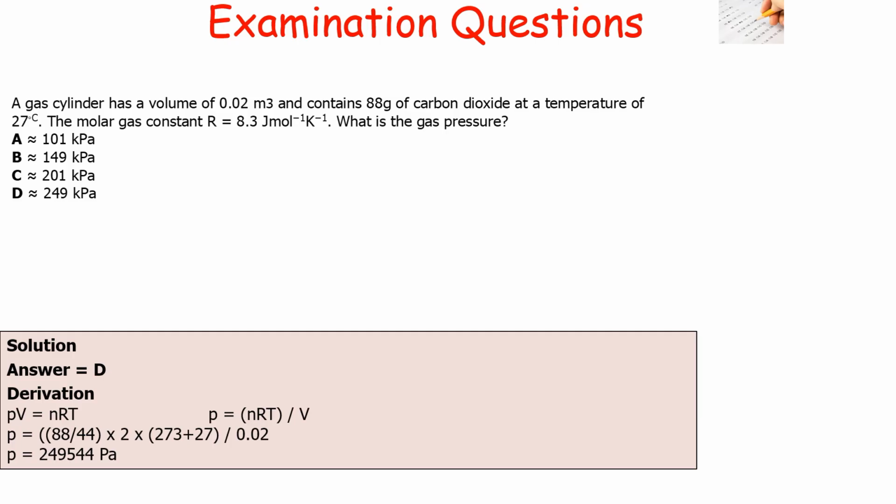We can then also work out what our value of n, the number of moles, is going to be by dividing our mass by the Mr of carbon dioxide, which is 44. So therefore 88 over 44 gives us our number of moles. So therefore we can work everything through, and we get 249544 pascals, which is about 249,000 pascals, which our answer is D.